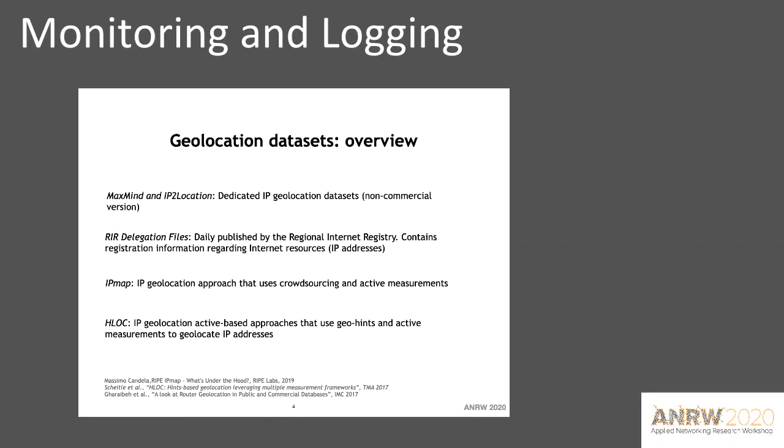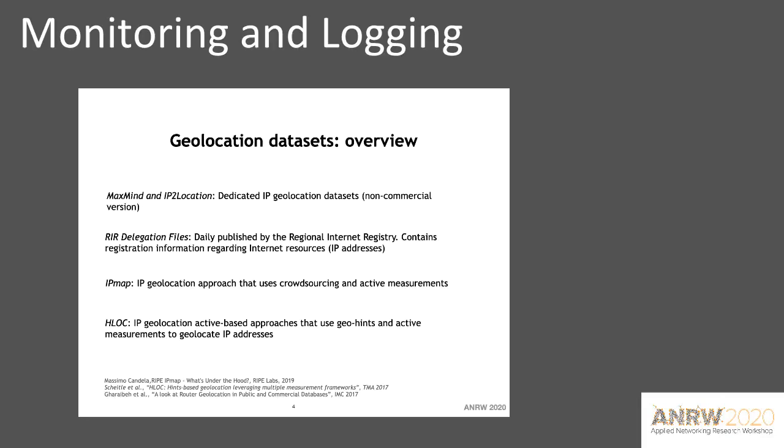We list these approaches on the slide. We use the non-commercial versions of two popular datasets, MaxMind and IP2Location. Our choice of the non-commercial version is motivated by the fact that we are interested in country-level IP geomappings, and recent studies have shown that there are minor differences between commercial and non-commercial versions in the country-level IP geolocations. We also use information regarding the country from the Regional Internet Registries' allocation and assignment files.